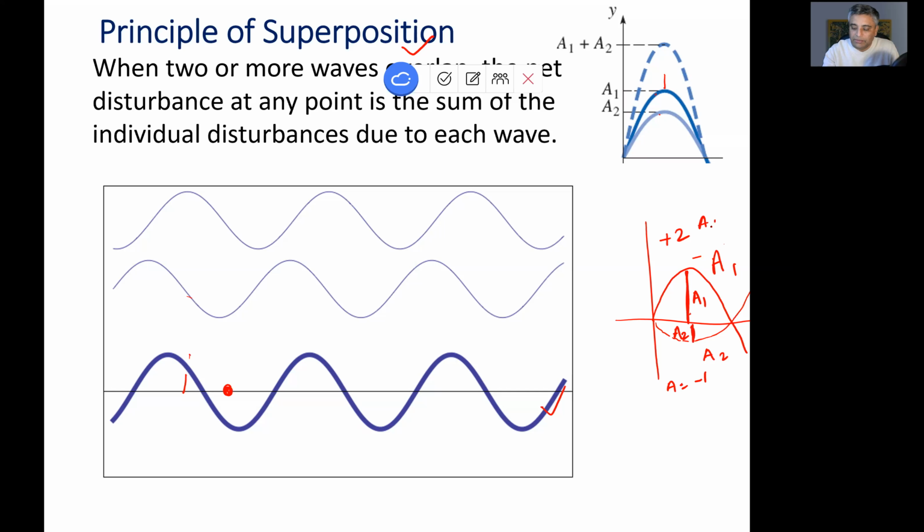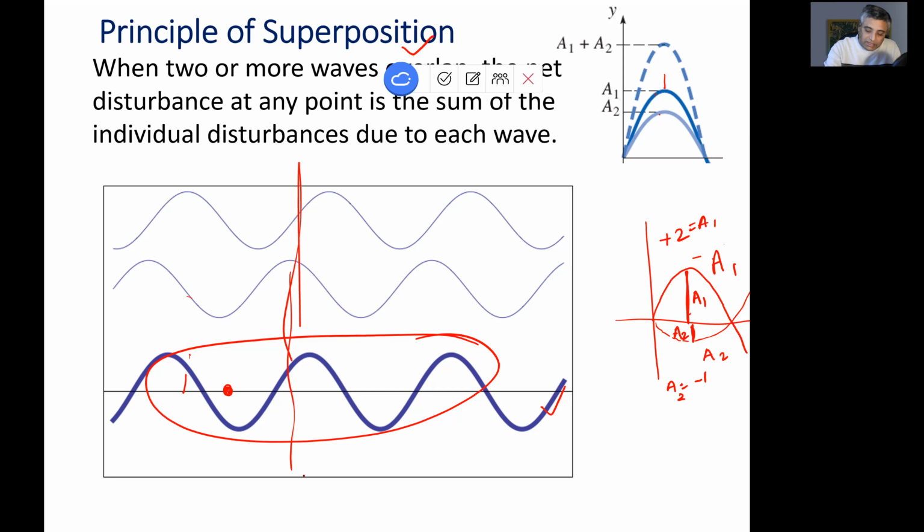A1 is +2. So we can just find the resultant at that particular point by adding these. So the amplitude of this resulting wave at that point is A1 plus A2, which means 2 minus 1, which is just +1.